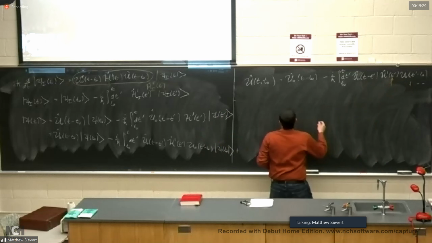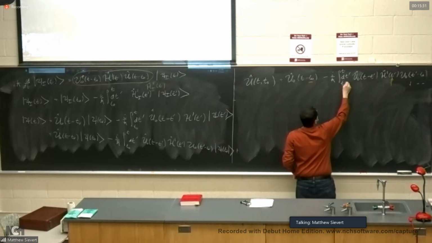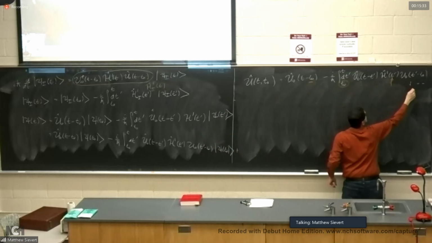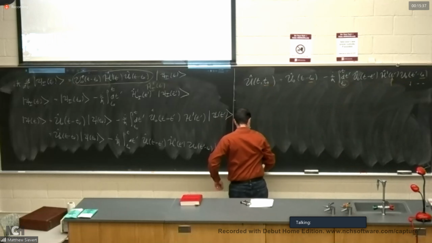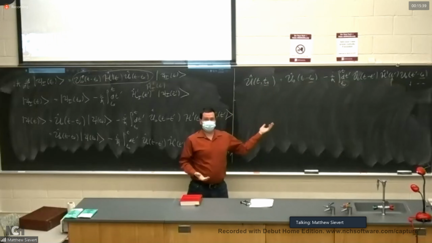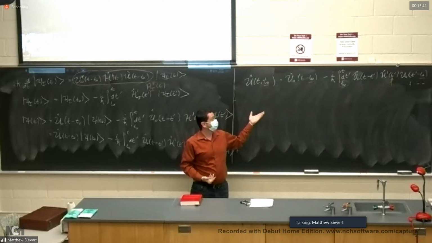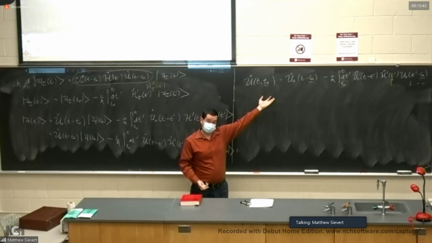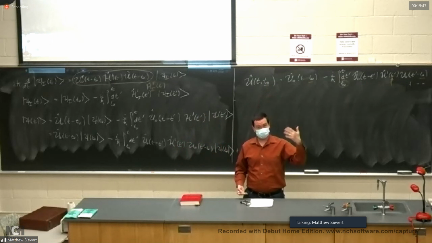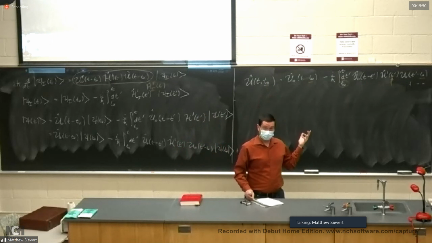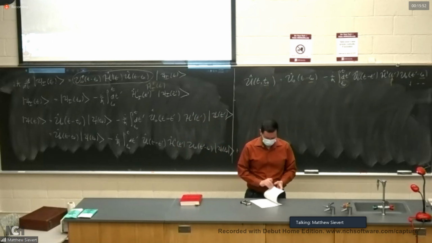And the other thing was that we allowed for a more general starting point, t naught, which didn't have to be at t equals 0. So all of the results that we'll be talking about today for time-dependent perturbation theory come as a consequence of this equation. So if you have in your head a solid picture of what this dressed propagator looks like, you can quickly derive anything that you need for time-dependent perturbation theory.